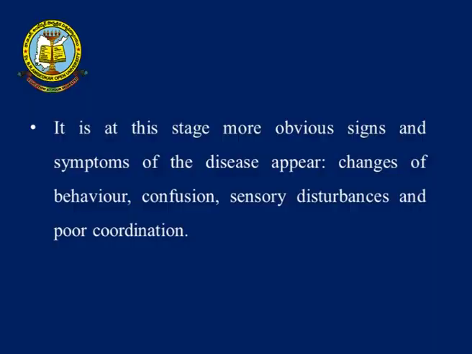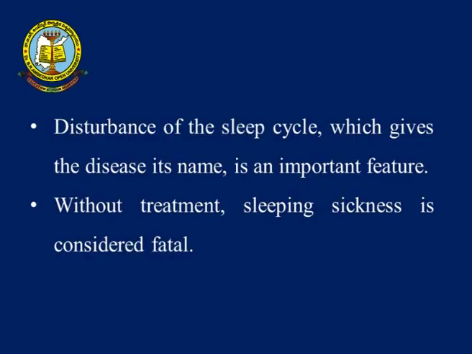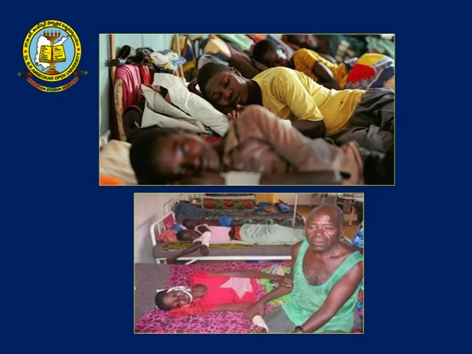The person goes into confusion, has sensory disturbances and poor coordination, and sometimes has illusions because their sleep is completely disturbed, and the disturbance of the sleep cycle gives the disease its name, sleeping sickness. You can see these affected persons do not know what is happening, they are only sleeping.